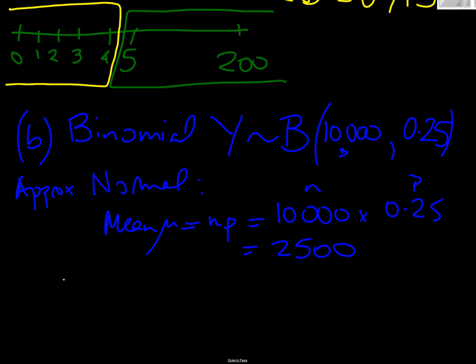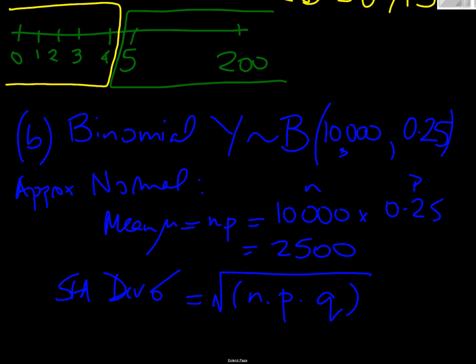Now what's the other thing we need to know? We need to know our standard deviation, sigma, to put into our normal, and we can get that again from the standard deviation of a binomial. That's going to be the square root of the variance, and we know from our formulae for a binomial the variance is n times p times q, where q is 1 minus p.